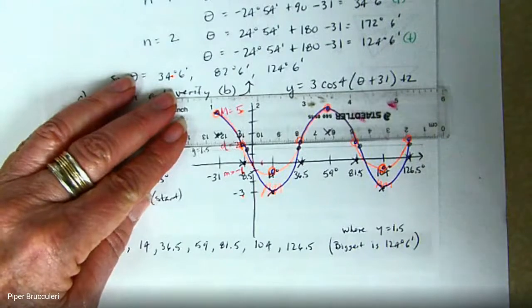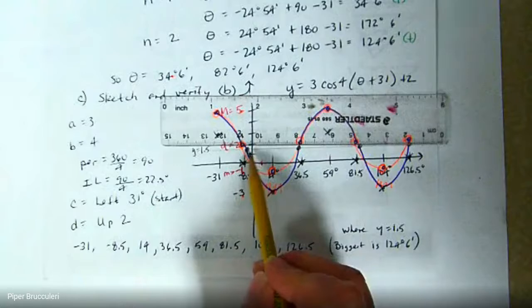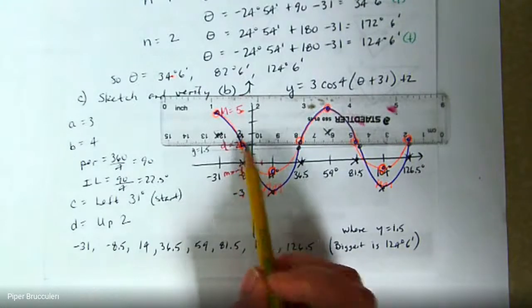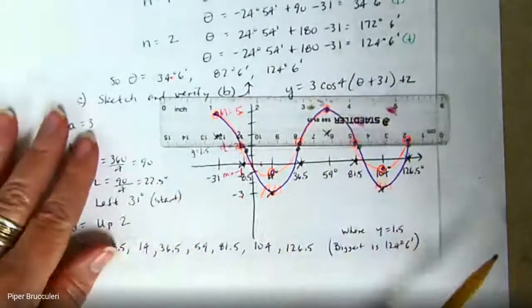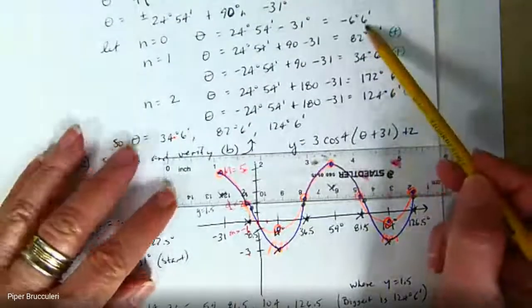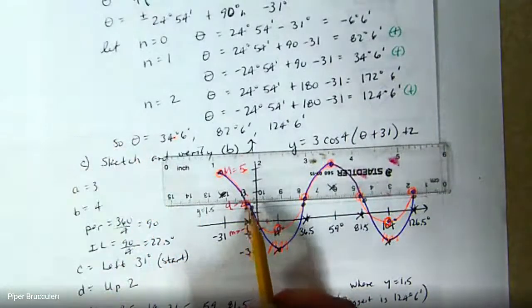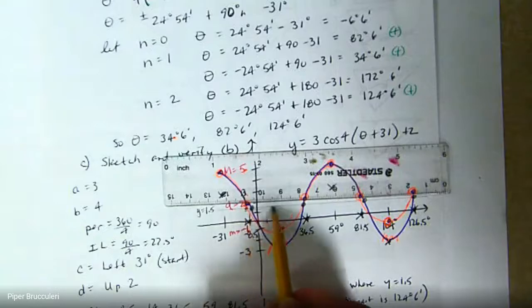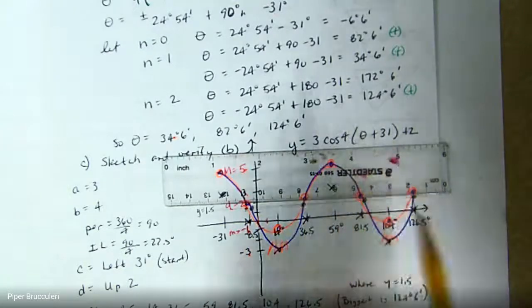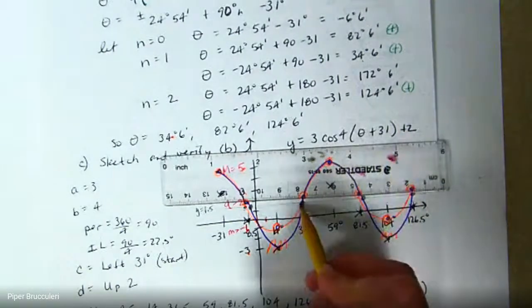So this value here is where we're hitting the orange curve, and that must be the -6. Can you actually see the -6? Let me put it back up here. So -6. This right here must be -6 degrees. And then continuing on right here, that is my roughly dropping down, that's my 34 degrees right here.